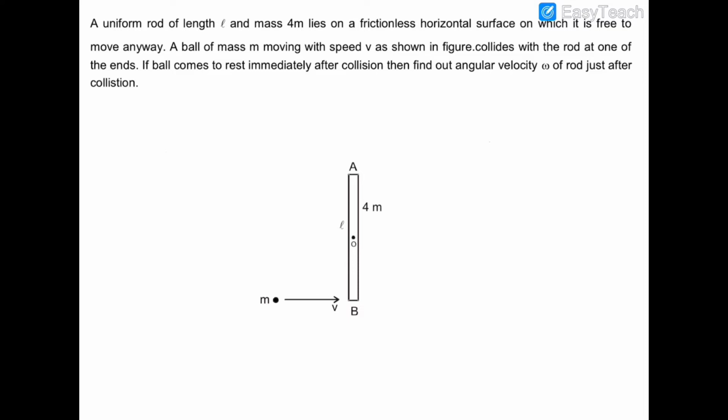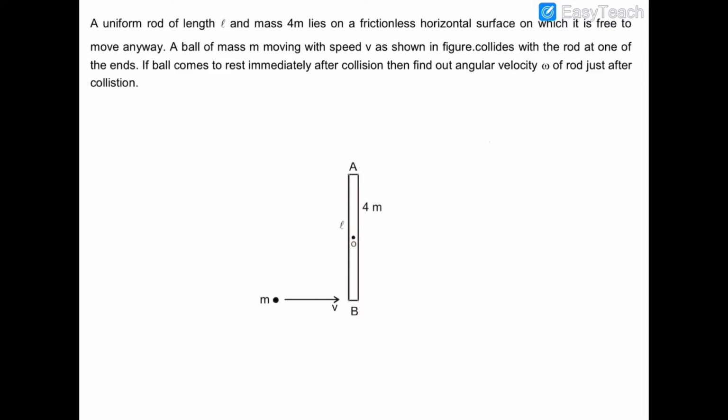Now in this question it is given that this mass is not sticking to this point B. In fact, this mass would be at rest. So we have to balance the angular momentum about the center of mass of that system which is moving after the collision. So after the collision, only this rod is moving, so we have to balance the angular momentum about the center of mass of the moving system after the collision, which is the rod.